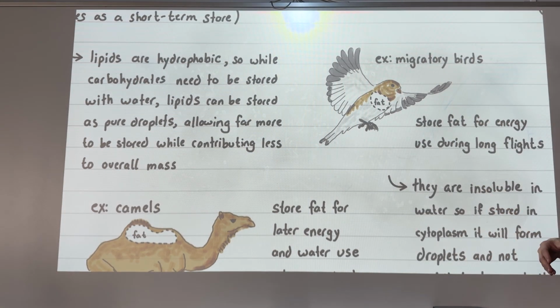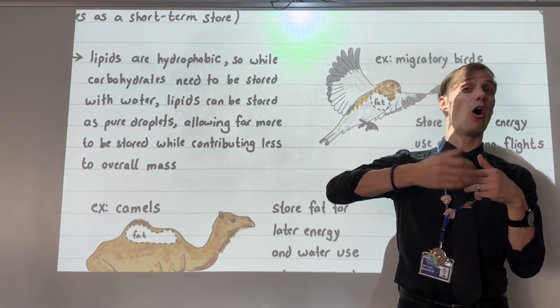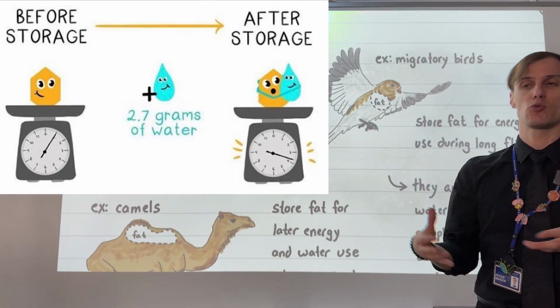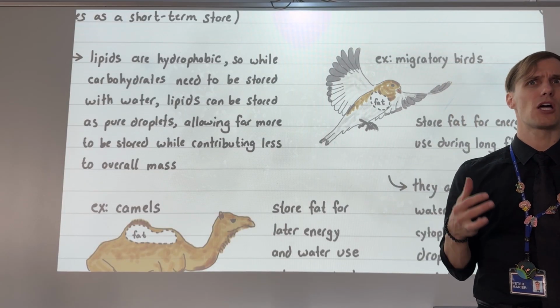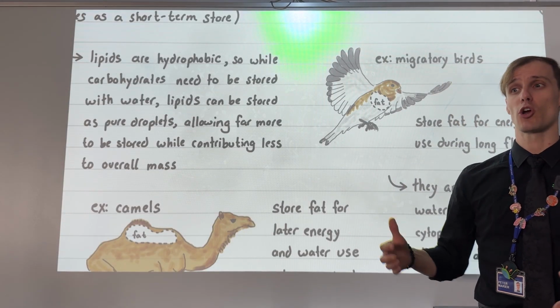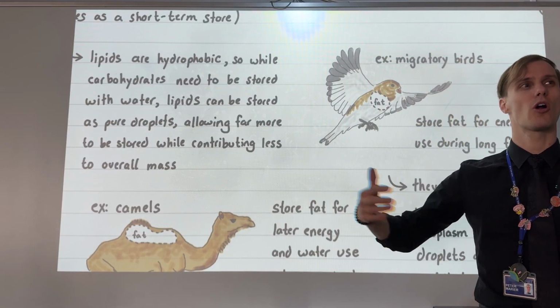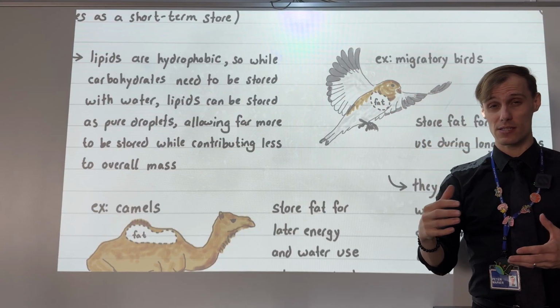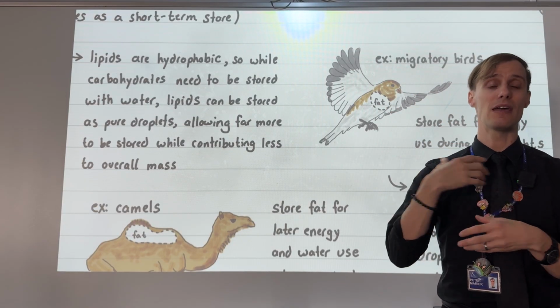If I were to store the same gram of carbohydrate as I would lipid, I would also need to store a bunch of water along with it, because water is going to naturally be attracted to carbohydrates. So it becomes a lot less efficient to store huge amounts of carbohydrates, because you would have to also store all that water along with it. So storing lipids is much more efficient because I can store pure lipids without any of that water.